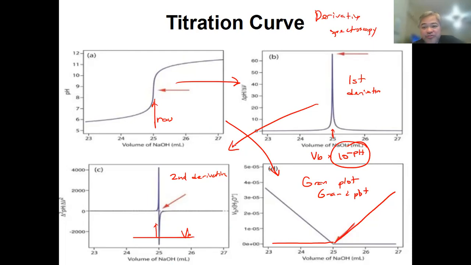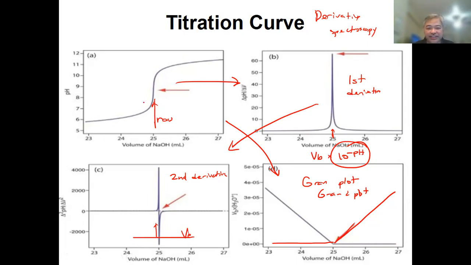Whenever you have an absorbance, you convert it to first derivative and second derivative and see if you can make something out of that data that you have, especially if you're trying to compare two samples and you want to differentiate the two samples from one another. Maybe if the absorbance is not enough, then you can get the first derivative.